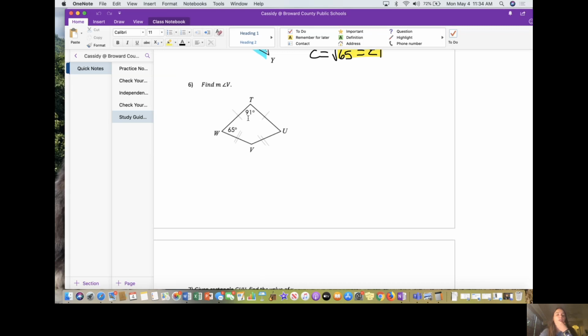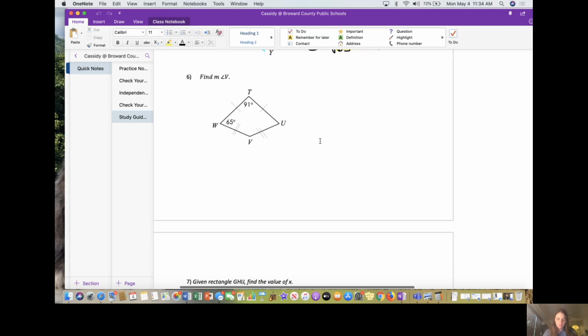Always look at the angles in between those consecutive sides. Think of if we had a line drawn here, this would be two congruent triangles, so this angle would be congruent to that. So we know angle U is 65.